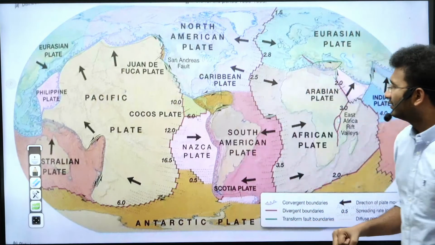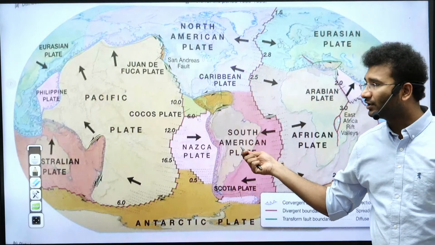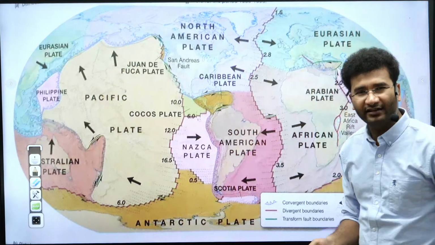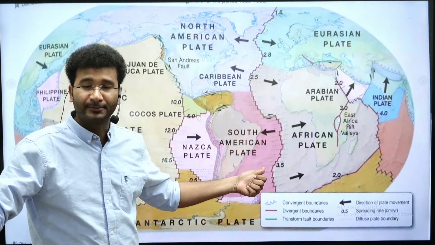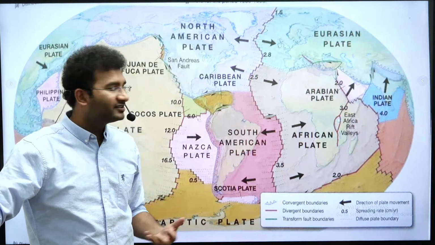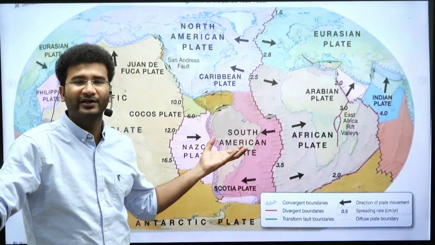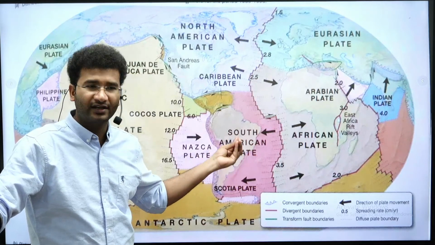You see, there is a continental plate called South America. Now we call this South America a continental plate, but in reality, if you check, there is also a continent and there is also an ocean here. Now why do we call this a continental plate? It is because major portions of this plate are dominated by the continent. So it is named after this continent, that's why it is called a continental plate.